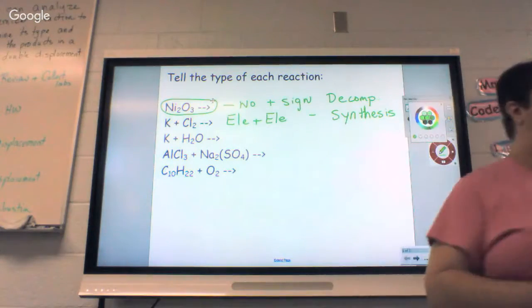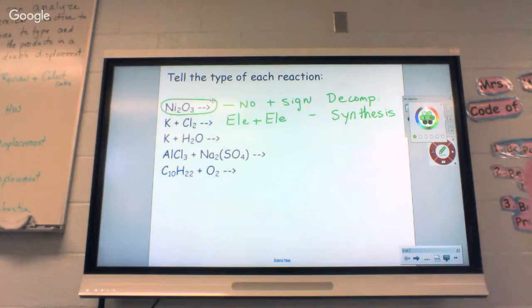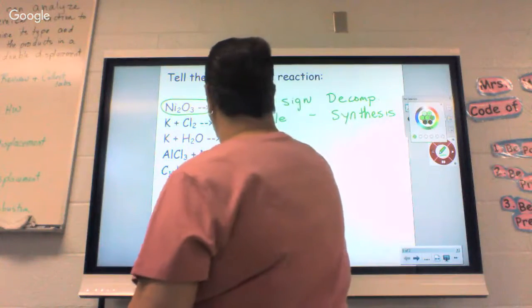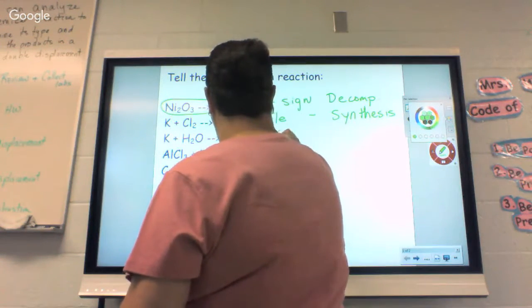All right. What can you tell me about the third one? All right. So is it decomposition? No, because it's got a plus sign. Is it combustion? No, because it's not a hydrocarbon plus oxygen. So you've already eliminated decomposition and combustion.